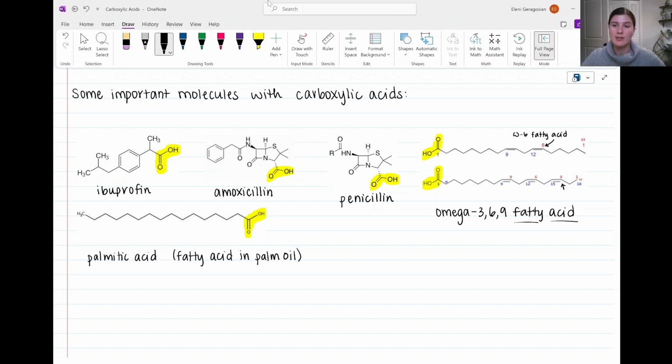So a lot of oils, olive oil, palm oil, grapeseed oil, contain some fatty acid molecules, like this one has palmitic acid. So just a few important molecules that have carboxylic acids present in them.